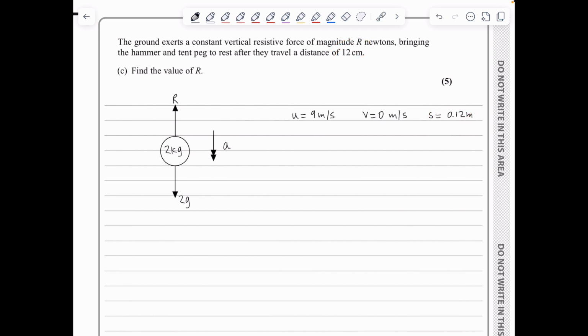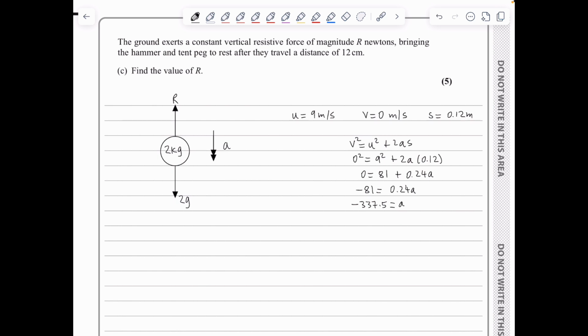I will then be using v squared is equal to u squared plus 2as, so 0 squared is equal to 9 squared plus 2 times a times 0.12, leading to 0 being 81 plus 0.24a, so minus 81 is 0.24a, and this gives an answer for a of negative 337.5. It comes as no surprise that the acceleration is negative because the whole system is decelerating.